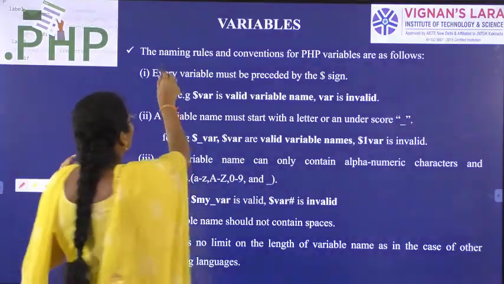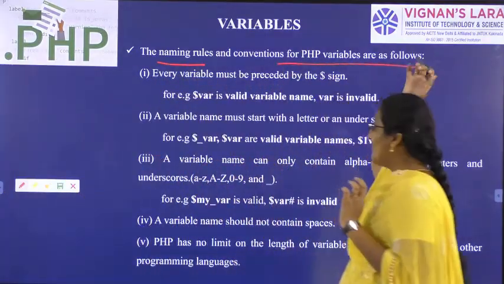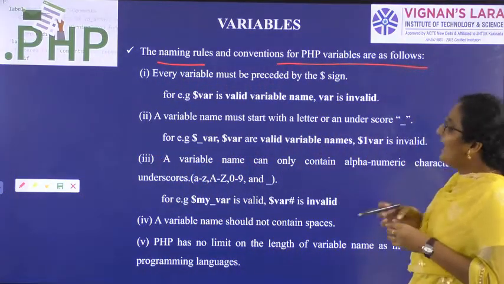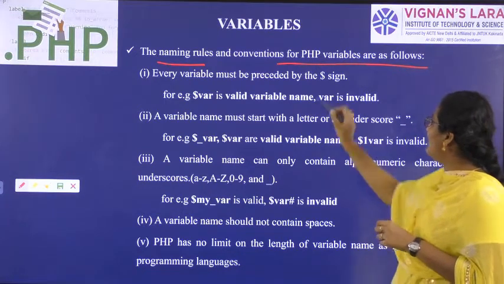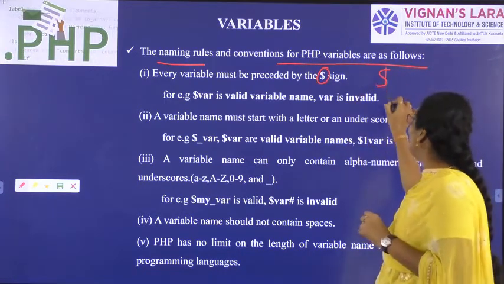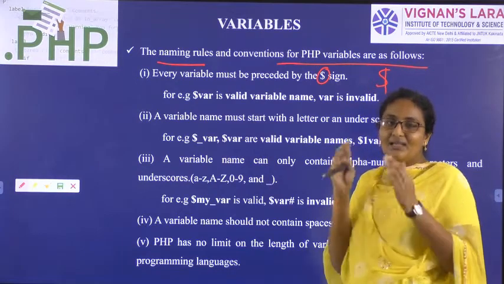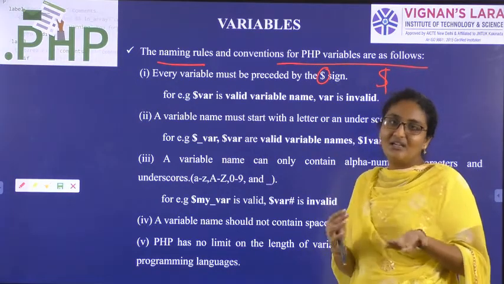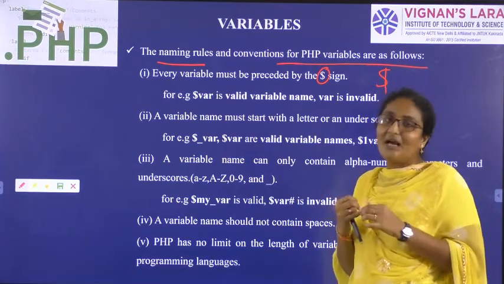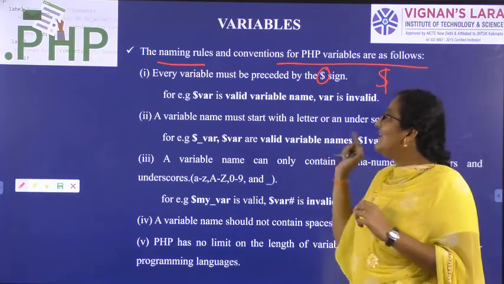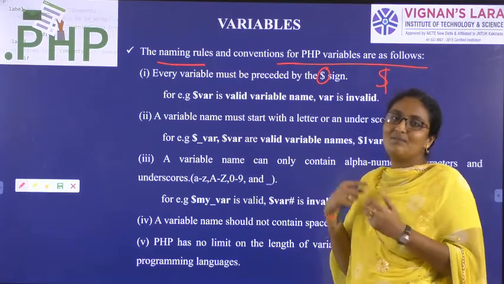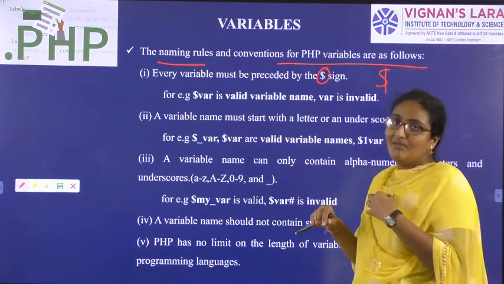So what are the rules to be followed in PHP for creating variables? Every variable must start with a dollar symbol. That is the first rule. A variable is a container in which we store data.